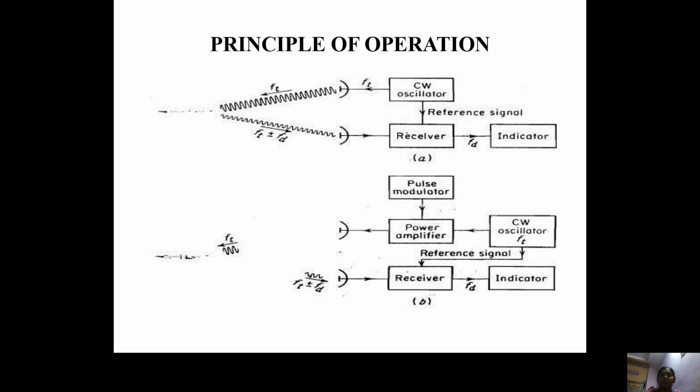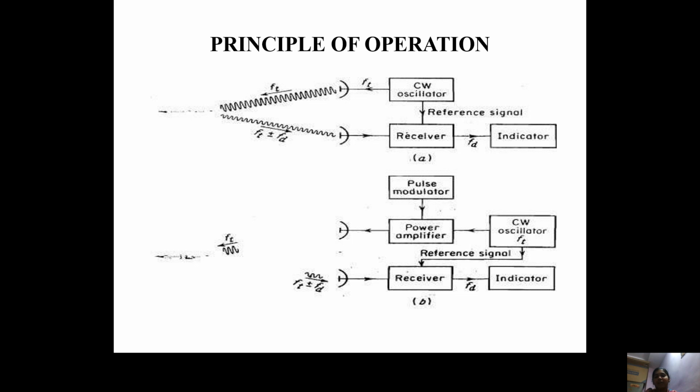When it emits the signal, it will not be transmitted immediately. Here we have another block which determines whether or not to transmit the signal. This pulse modulator turns the power amplifier off or on. Whenever the pulse modulator turns on the power amplifier, the signal can be transmitted through the transmitting antenna into space.